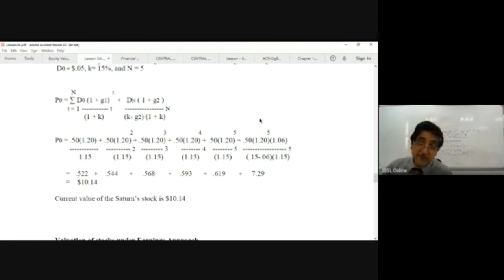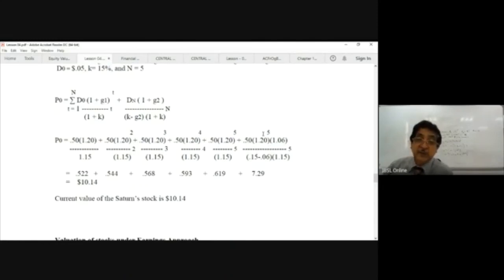is equal to D6 divided by K minus G. What do we mean by D6? D5 into 1 plus G2, because now the next dividend growth period has started. In the next dividend growth period, the dividend growth rate has become very small, not that high. In this particular case, it has become 6%, that is 0.06.